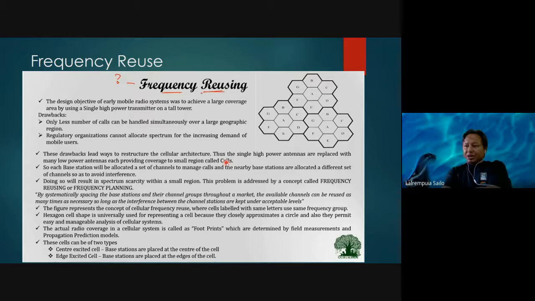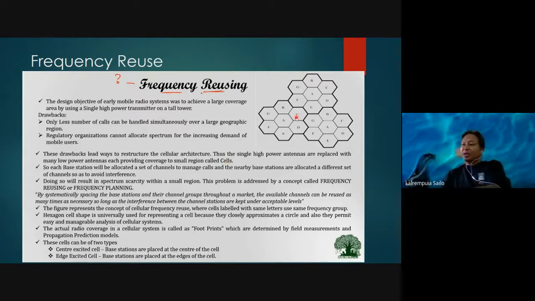Let's go to the next point. This figure represents the concept of cellular frequency reuse, where cells labeled with the same letters use the same frequency group.